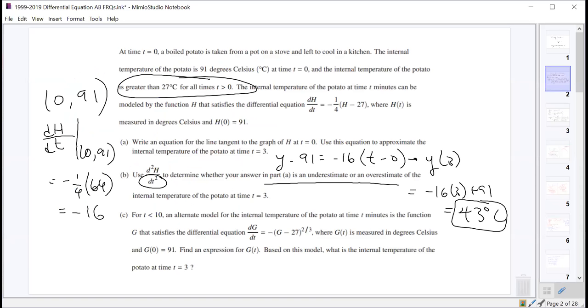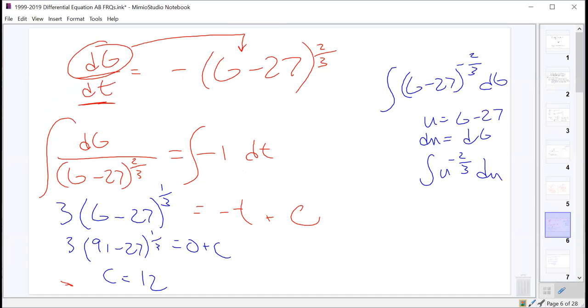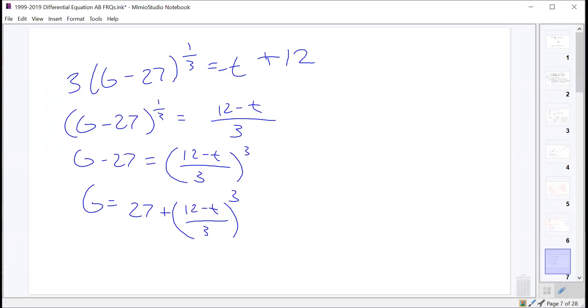Did it ask us to approximate? Yeah, what is the temperature at t equals 3, it says. So at t equals 3, 12 minus 3 is 9. 9 over 3 is 3. We have 3 cubed, so 27 plus 27. 54 degrees.